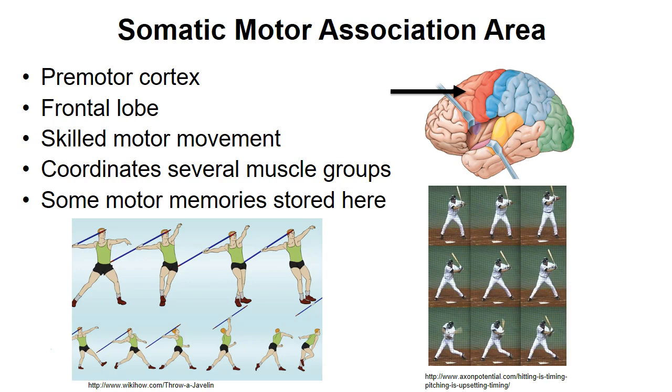In order to pull that coin out, you have to have finger muscles, you have your arm muscles, and so forth. Some motor memories can be stored here, so there's also some repetitiveness that can be stored, but that also is going to be involved with the cerebellum and the brainstem too. But this whole choreography, this planning, this intention, starts here in this motor association area. It gets sent to this primary motor cortex.